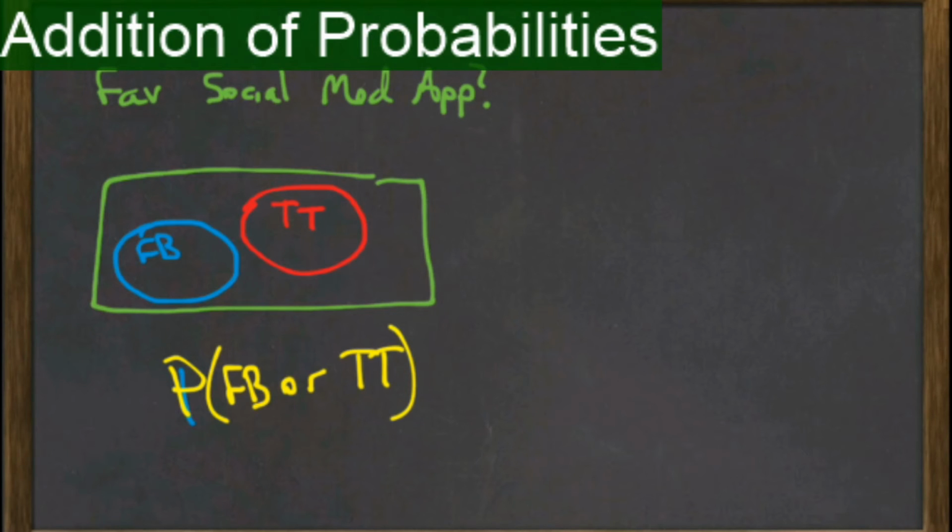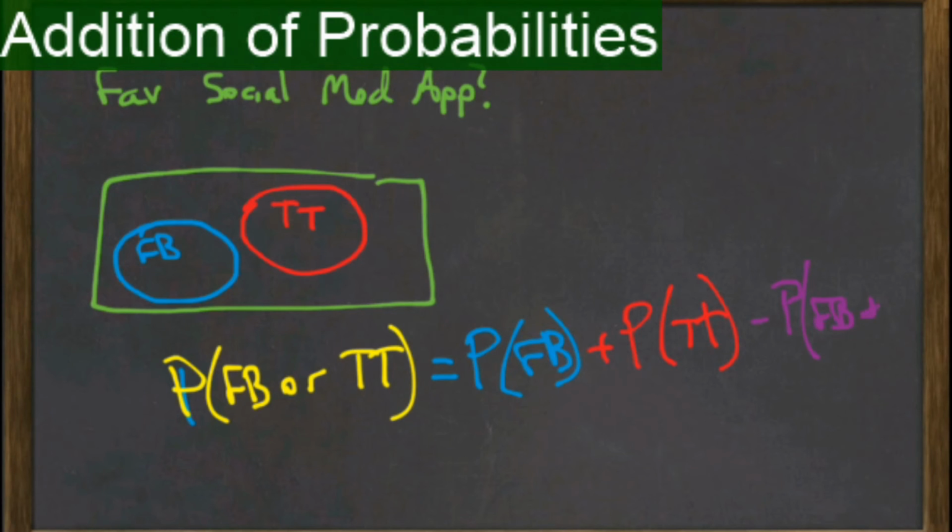We can still say the probability of Facebook plus the probability of TikTok minus, we can still write it out the same way. When you're working with the general rule of addition, it always works. But we don't necessarily have to add this last little part if we know that the two events, Facebook and TikTok, are mutually exclusive, because this is 0. There's no chance of the purple.